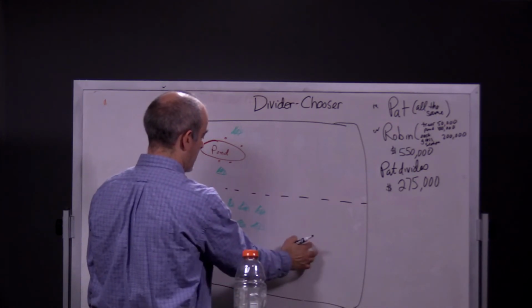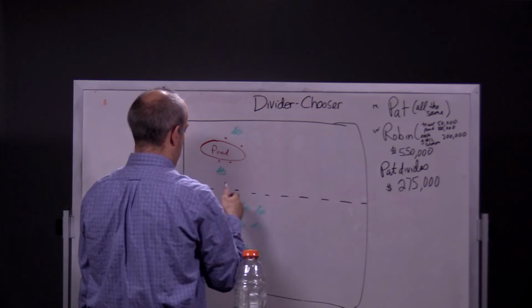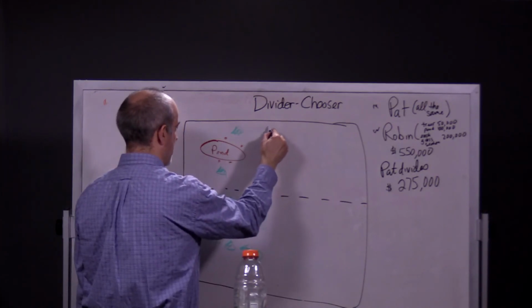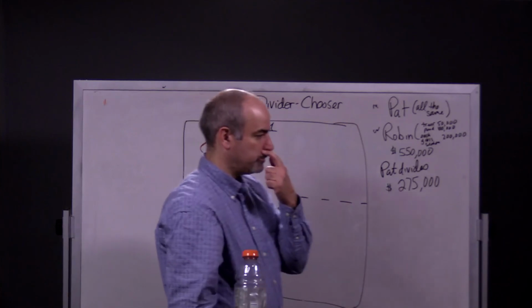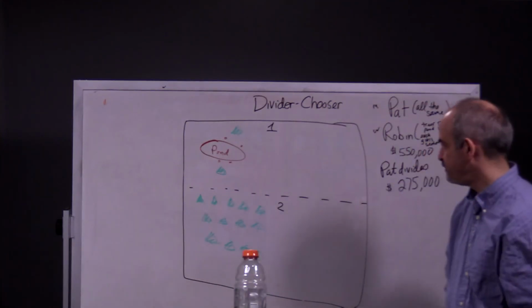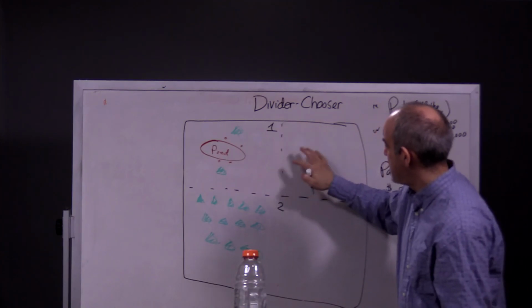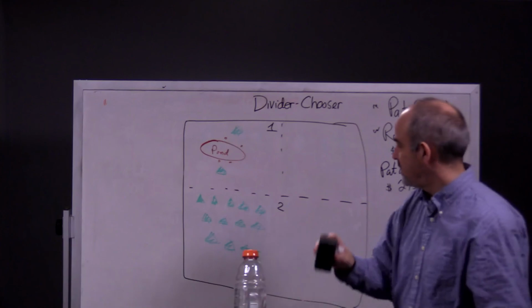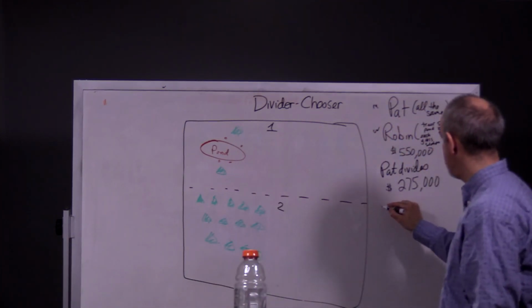This is 50, that's 200, so that's 250. She wants this because it's worth 300,000. So I'll just label it 1 and 2. She's going to choose part 1. Which, remember, like I said, this side's worth 200 to her, that's worth 100. So all together it's worth 300,000.